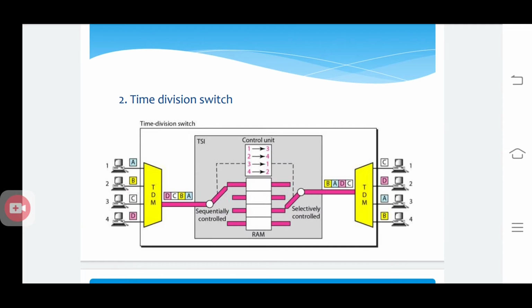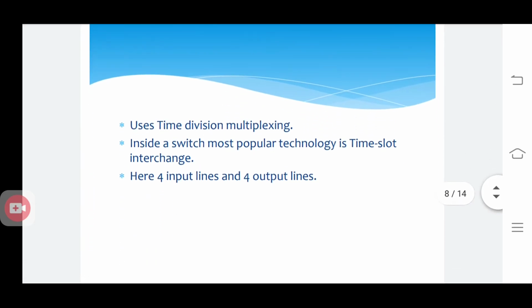The first packet will be connected to the third receiver, so the third receiver will receive A; 2 goes to 4, so 4 will receive B; 3 goes to 1, so 1 will receive C; and 4 goes to 2, so 2 will receive D. That is why the order is C, D, A, B. So this is a time division switch.